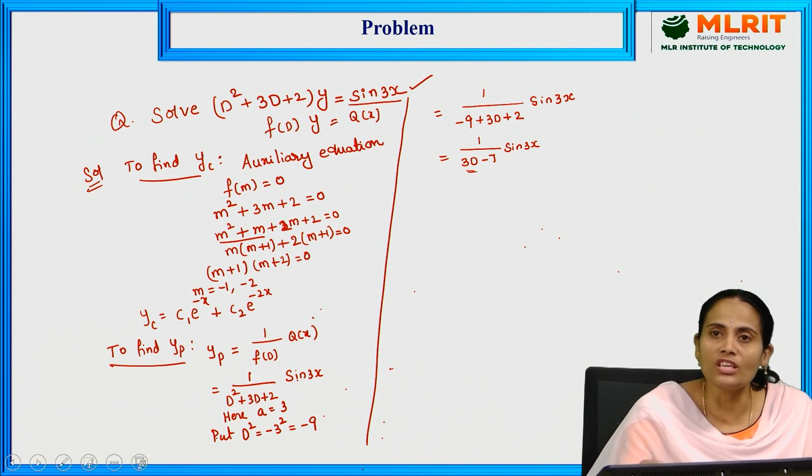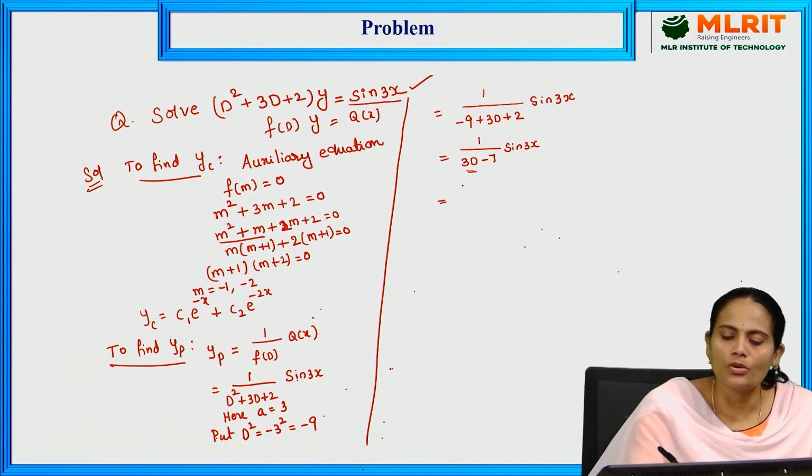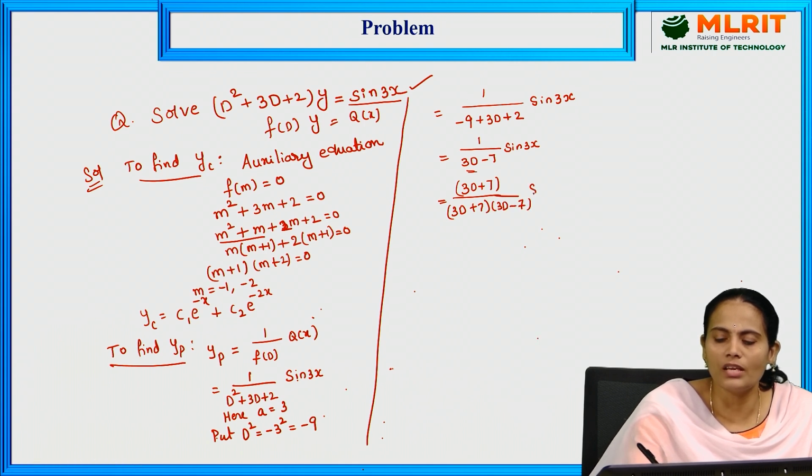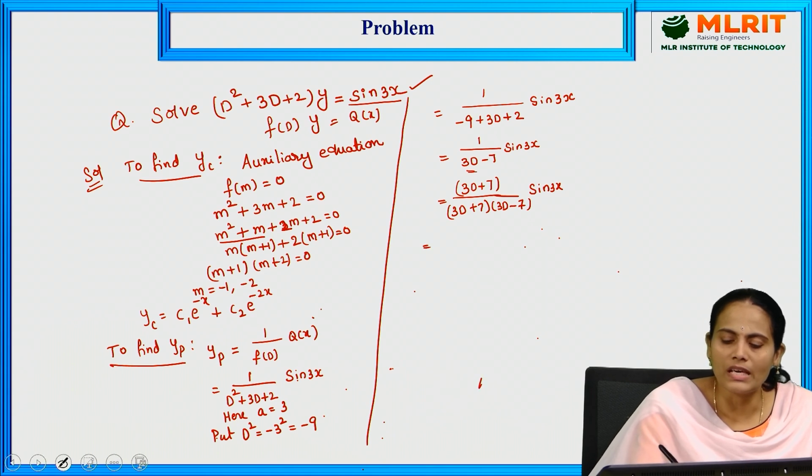By rationalizing, the denominator converts to terms of D square. We have to multiply and divide with 3D plus 7. So 3D plus 7 into 3D minus 7 into sine 3x.